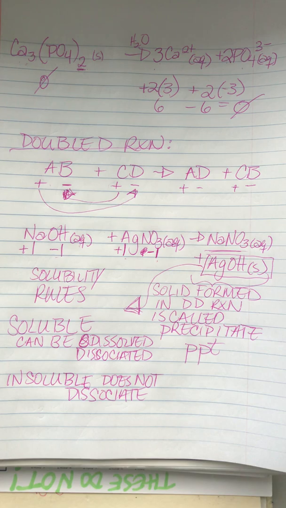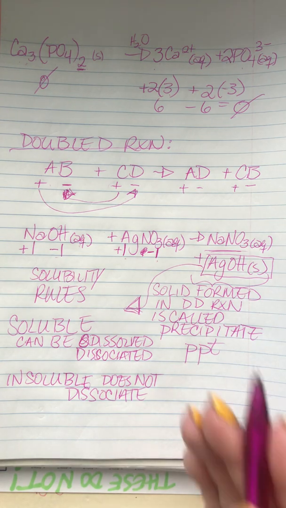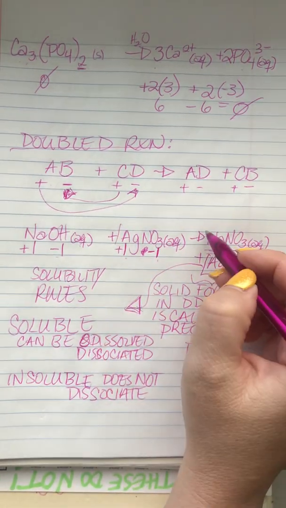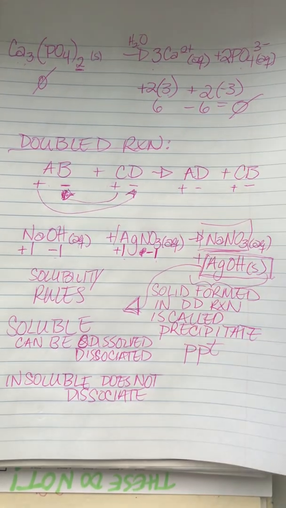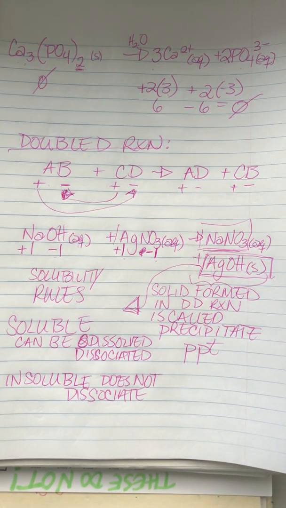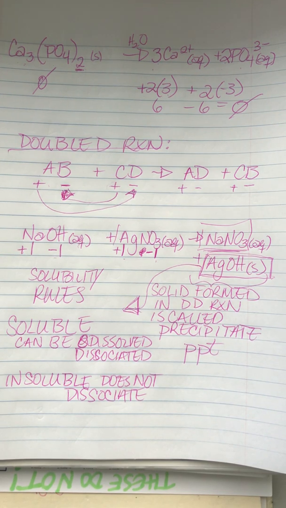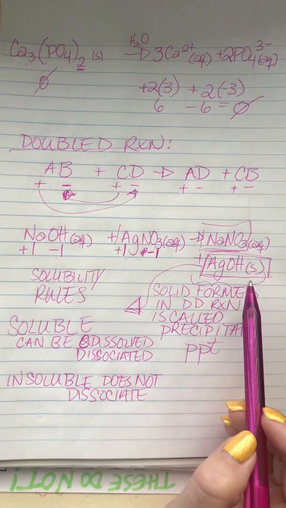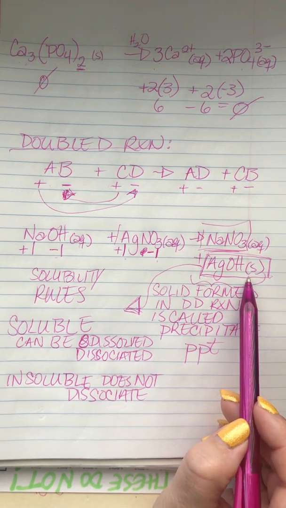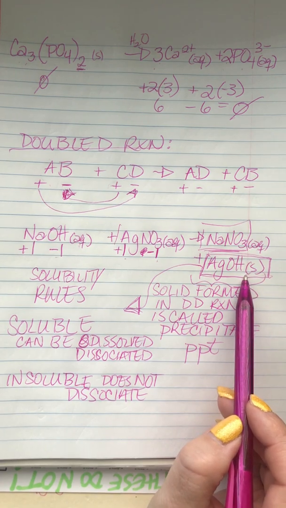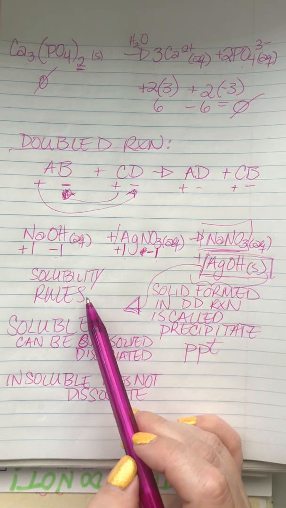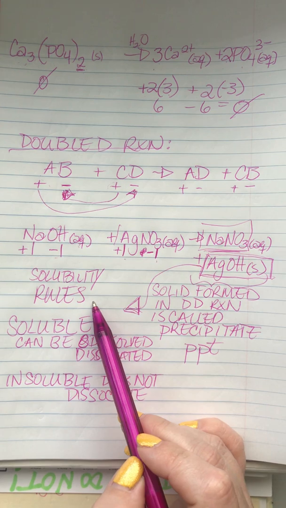So knowing that these are the products that form, but not necessarily the phases. I don't expect you to be able to predict that this is a solid on an exam, right? I would give you that information. But how I know that is from the solubility rules.